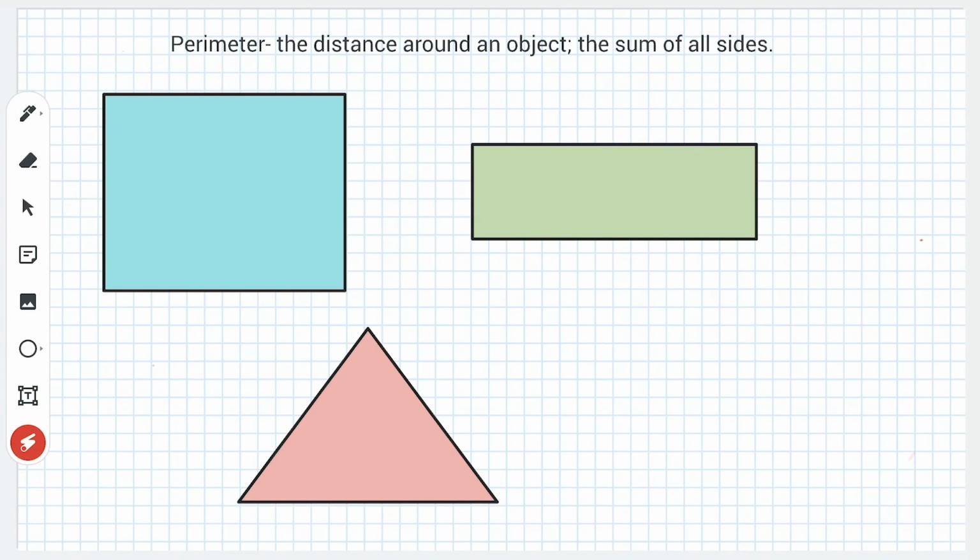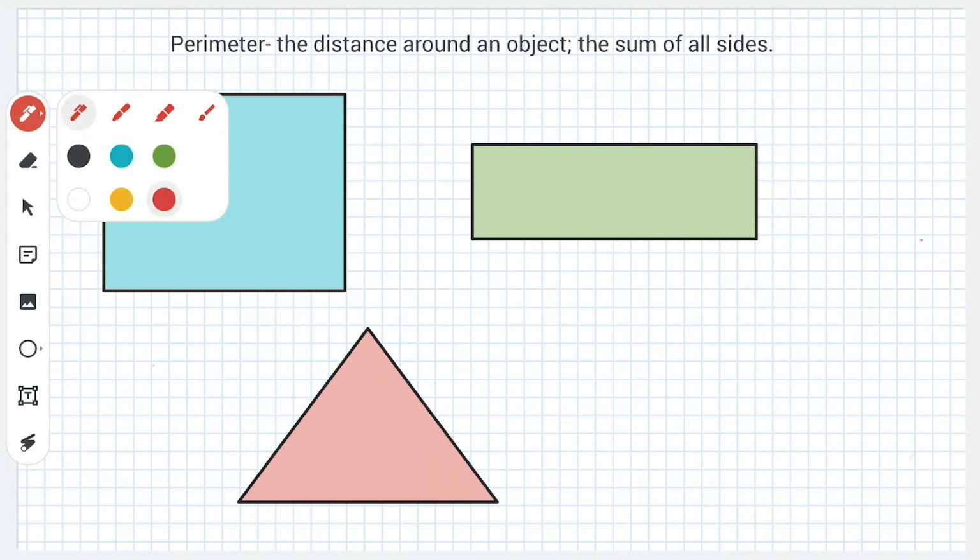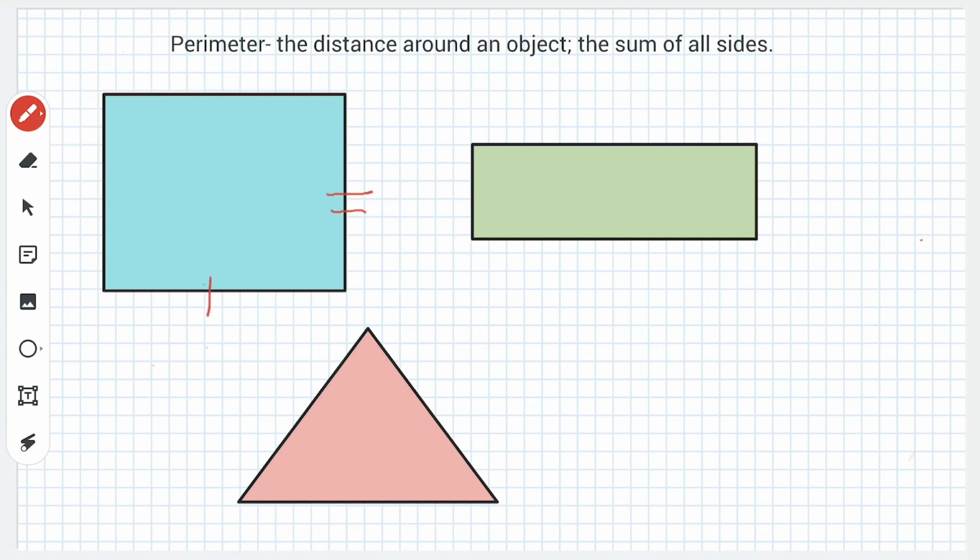Now let's take a look at this blue square. What do we know about sides of a square? That's right. The sides of a square are all equal. So side lengths are the same.